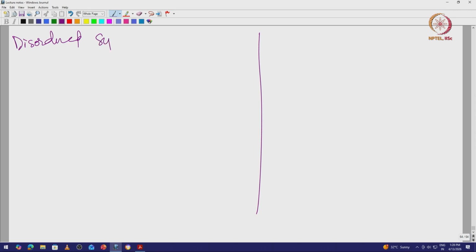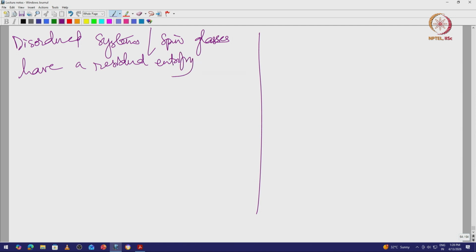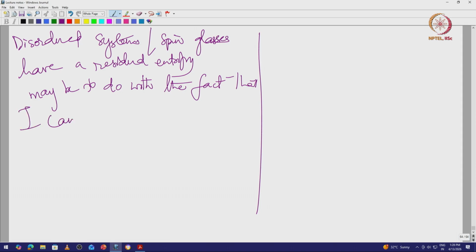the disordered systems or spin glasses have a residual entropy, which may be to do with the fact that I cannot cool below 10⁻³ Kelvin currently, right.